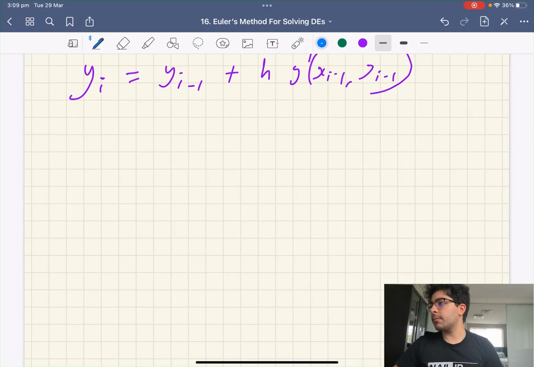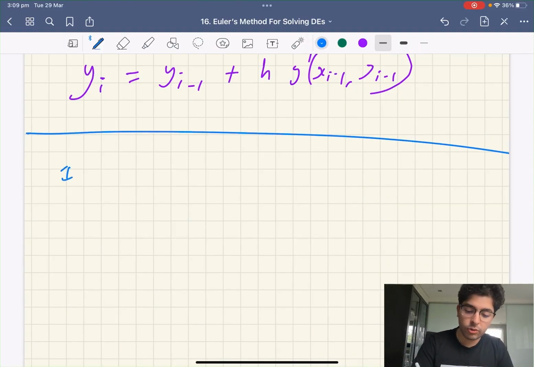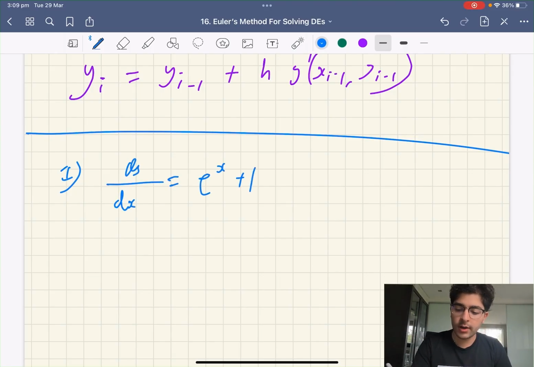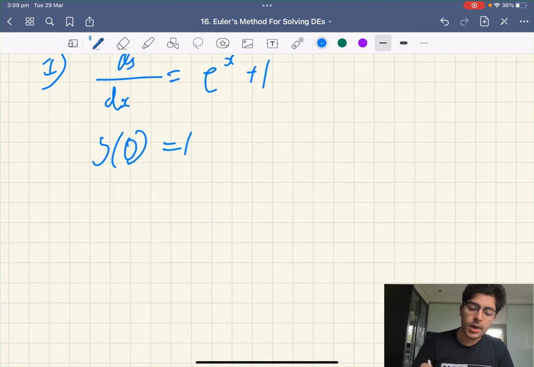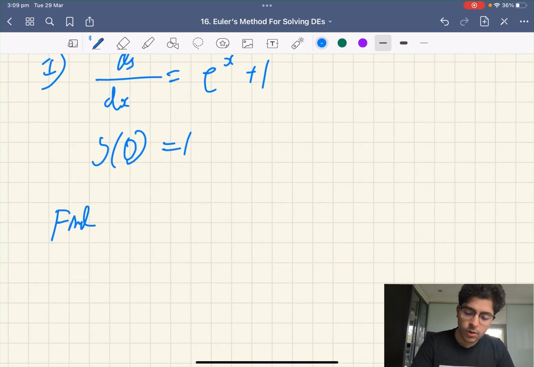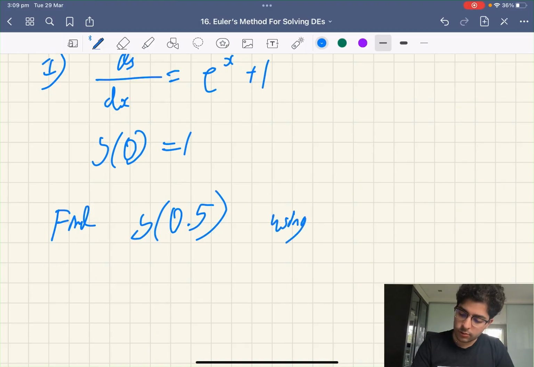So let's say that we had a differential equation: dy/dx is equal to e^x plus 1, and I give you that y(0) equals 1.